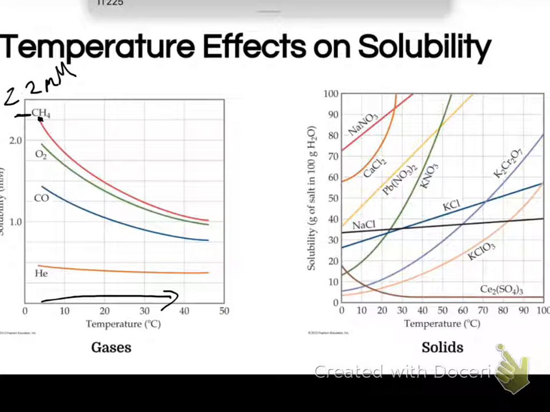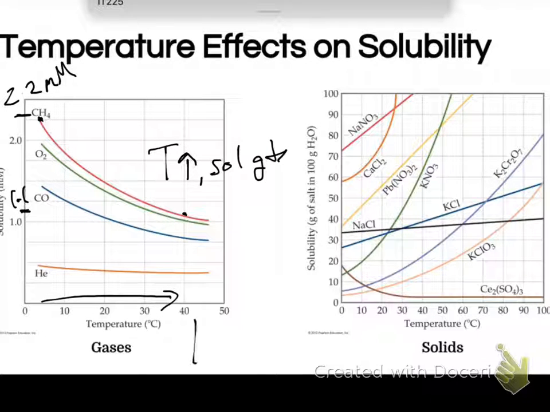And if we increase it to just 40 degrees, a little bit warmer than room temperature, just slightly warmer than the human body, the solubility is more like 1.1, so it's almost half. So what we're seeing is, as the temperature goes up, the solubility of a gas goes down.